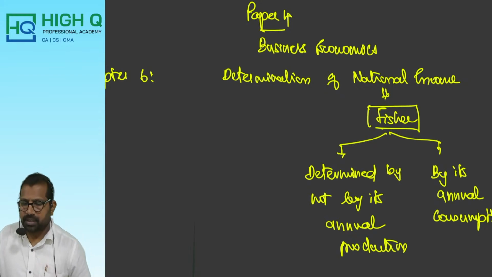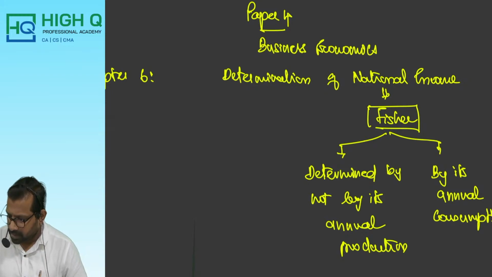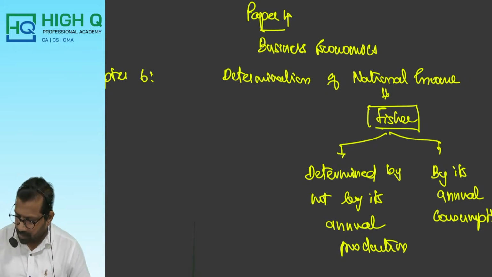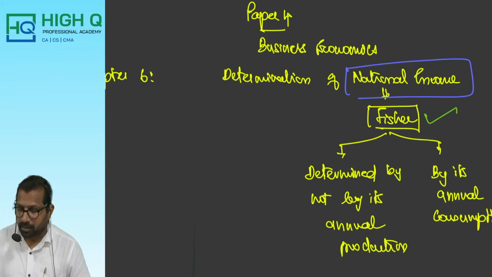So from this definition, we can identify that national income is defined by Fisher.